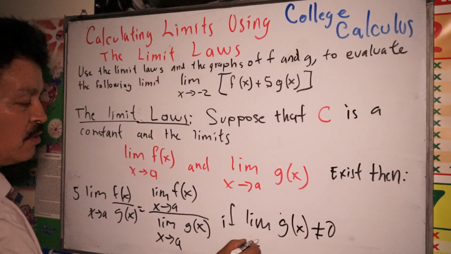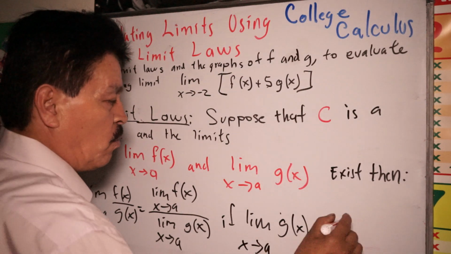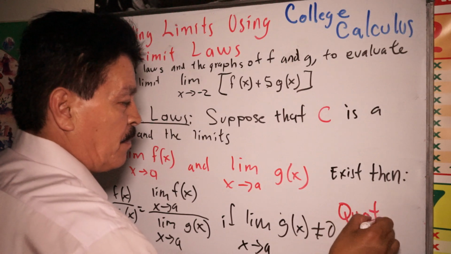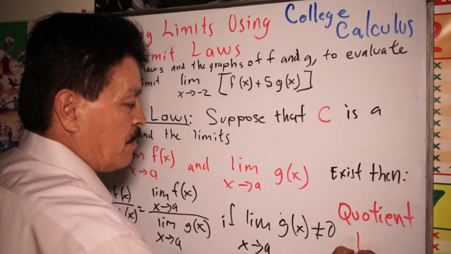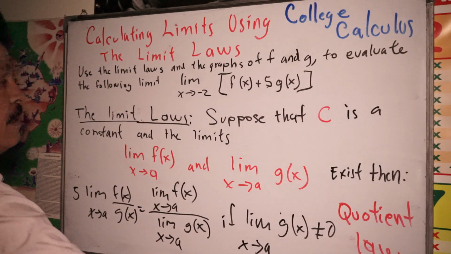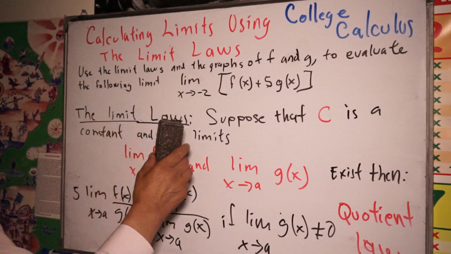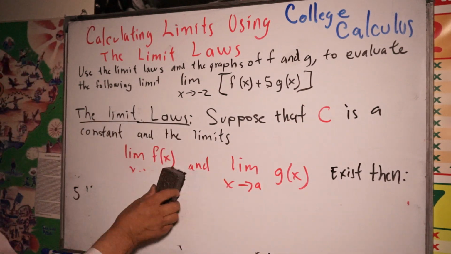This is the quotient law. Now we know the 5 limit laws, and with them we are able to find the answer to our problem.